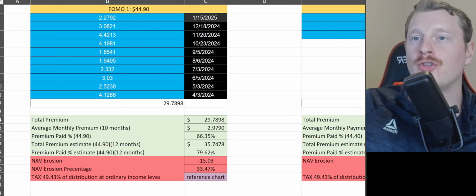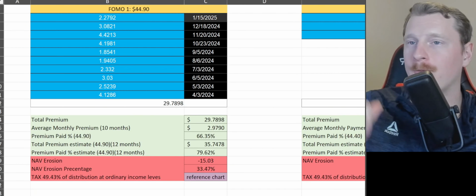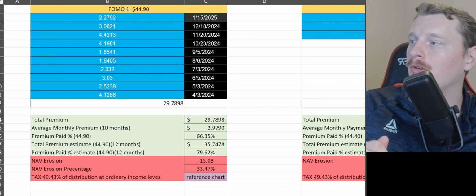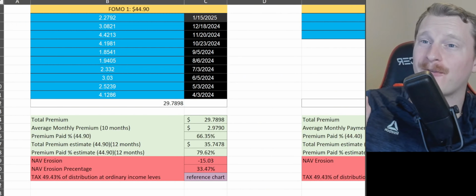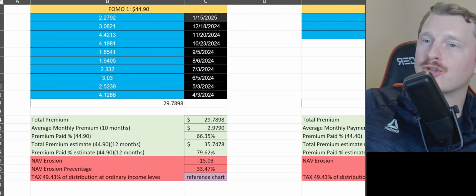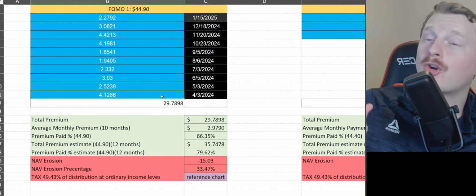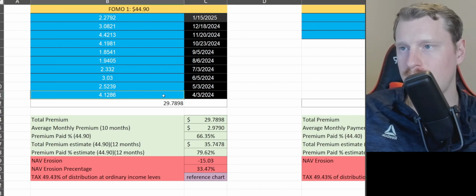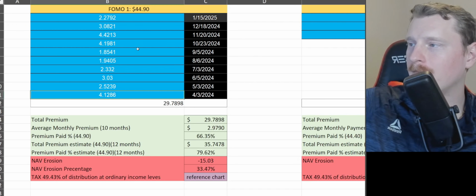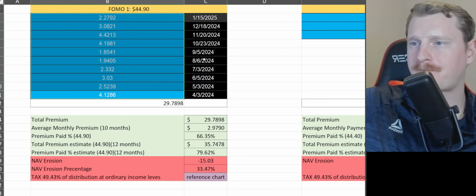So, right, let's assume that we did that. You know, we bought at $44.90. That $44.90 crested that first one on March 27th, but the first premium payment started in April. Okay, so of these premium payments, there's about 10 of them.